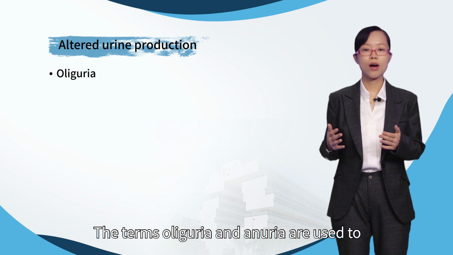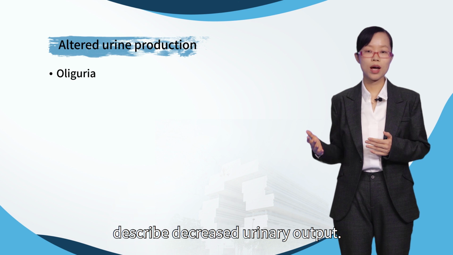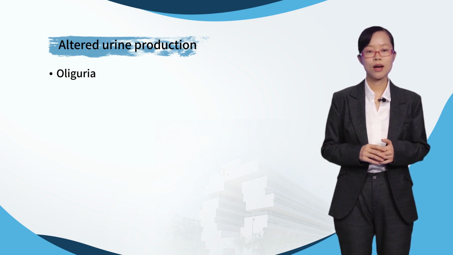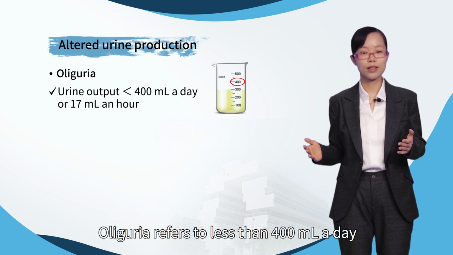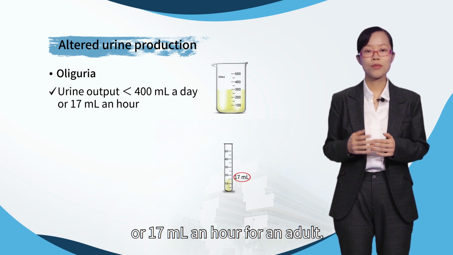The terms oliguria and anuria are used to describe decreased urinary output. Oliguria refers to less than 400 milliliters a day or 17 milliliters an hour for an adult.